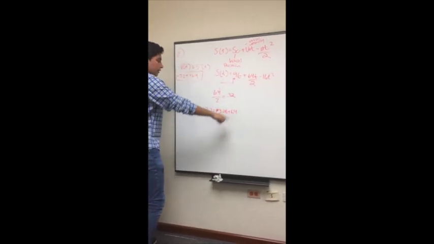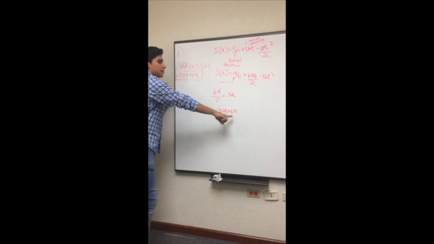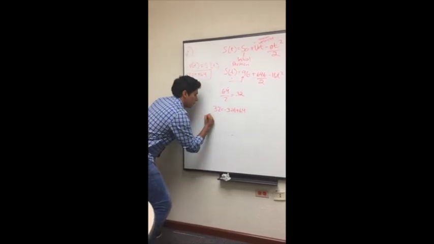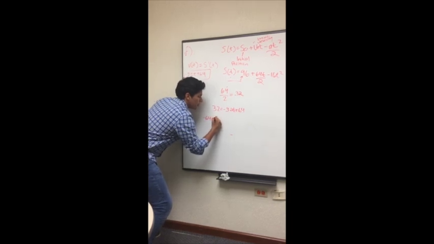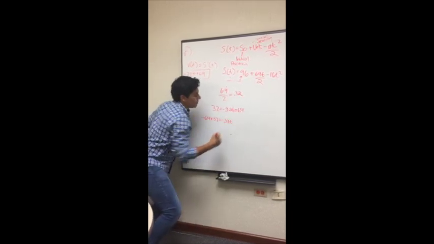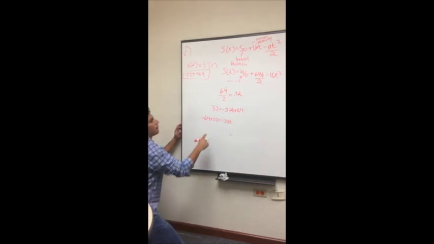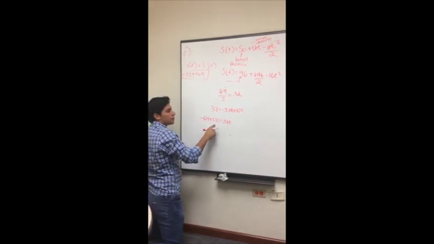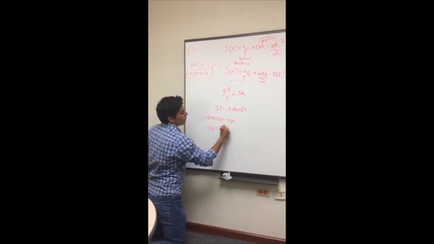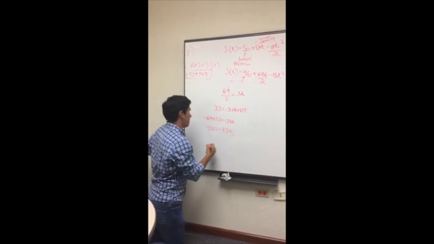Minus 32t plus 64. So we pass the 64 to the other side, doing a minus. Minus 64 plus 32 equal to minus 32t. Now we have that minus 64 plus 32 is minus 32, equal to minus 32t.